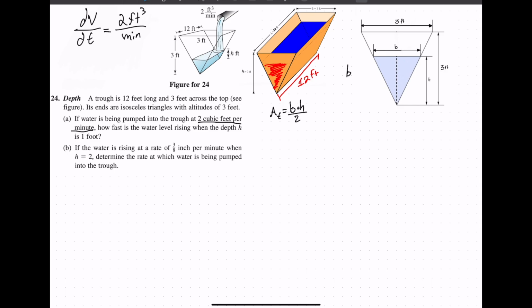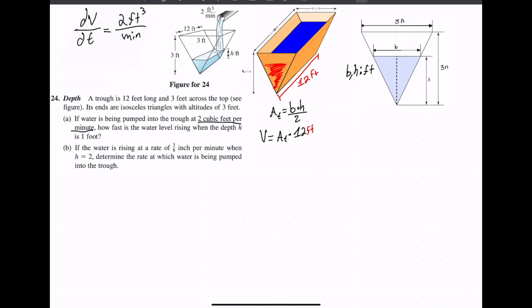Keep in mind that the base and height are both in terms of feet. Now the volume is equal to simply the area of a triangle times 12, and 12 is fixed. That doesn't change.